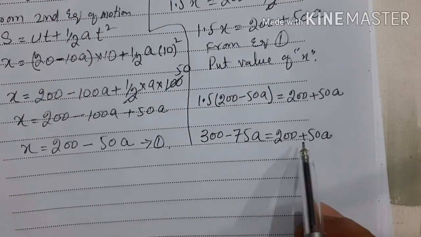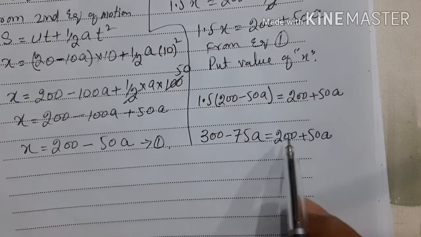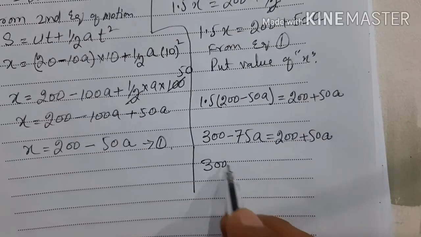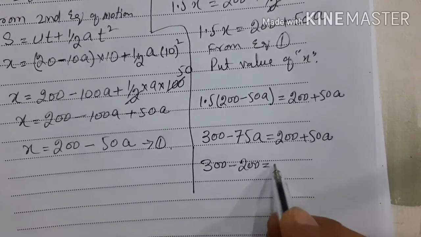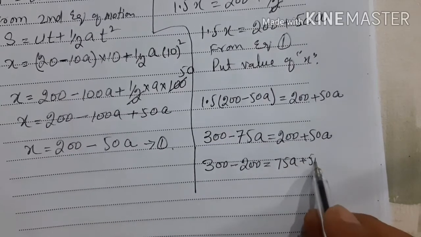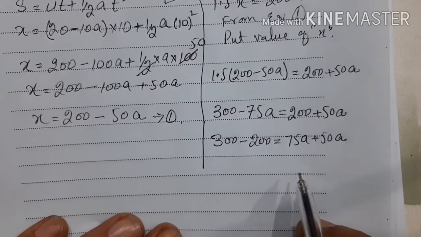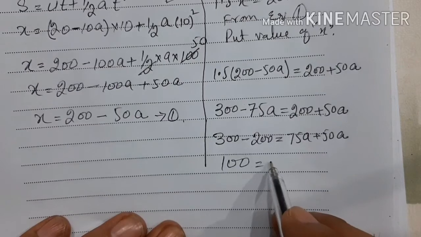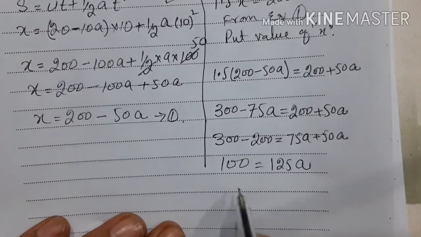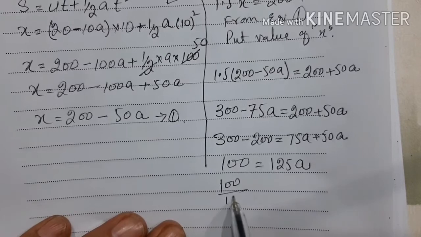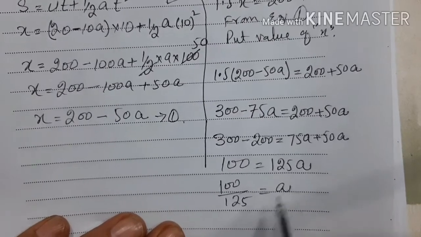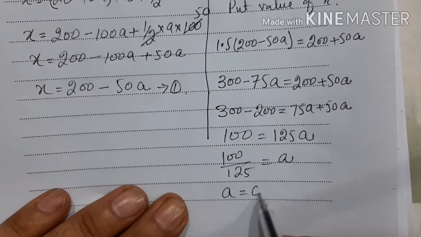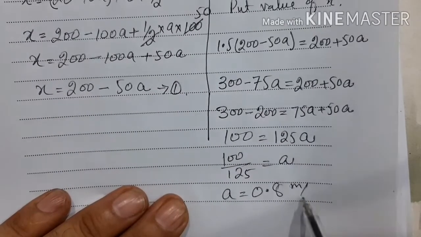So take 75A to the right side and 200 to the left. So 300 minus 200 is equal to 75A plus 50A, and this will become 100 is equal to 125A, or 100 over 125 is equal to A. So A will be equal to 0.8 meters per second square.